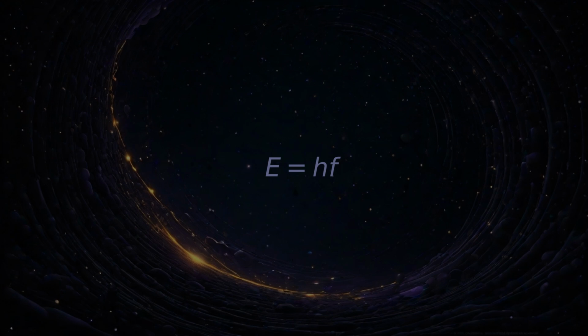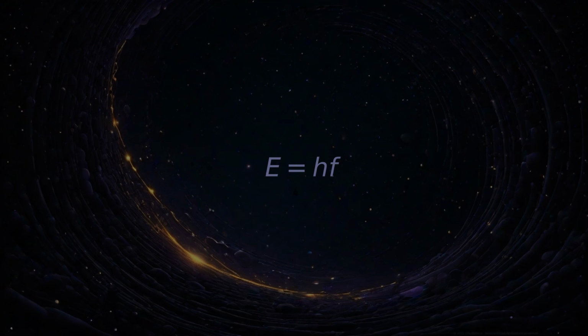The maximum kinetic energy equals h times nu minus the work function. This is a linear relationship between the maximum kinetic energy and the frequency of the light. The slope of this linear relationship is h, Planck's constant.